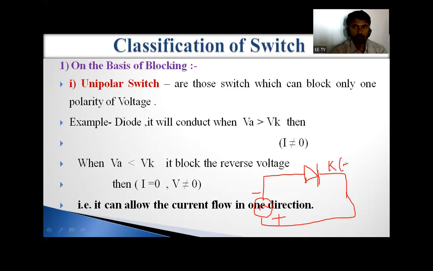Cathode is connected to the positive side and anode is connected to negative. So can this diode turn on? Will it turn on?